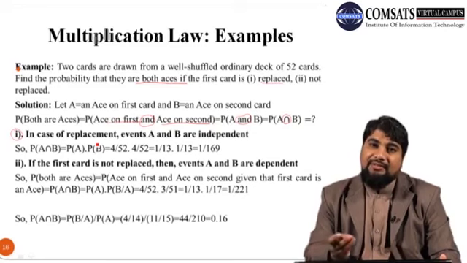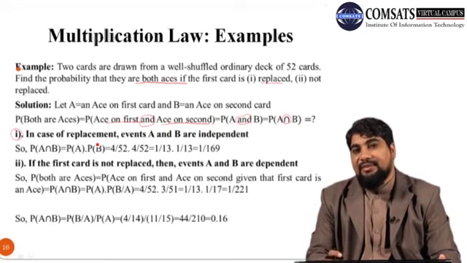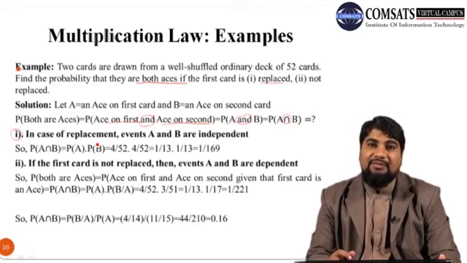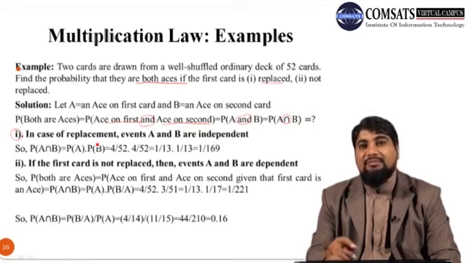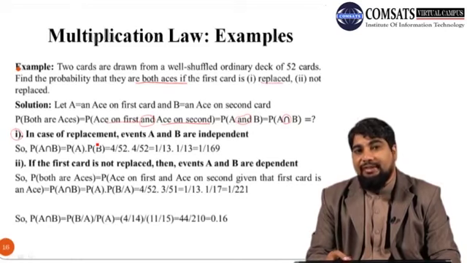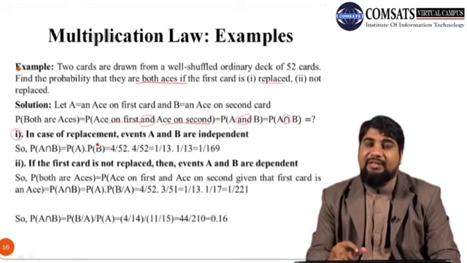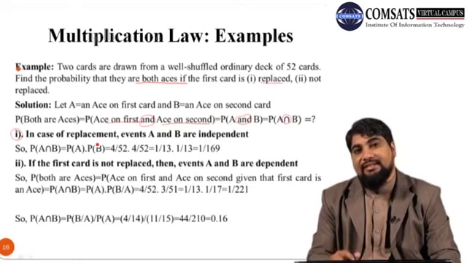But if we do not replace the first card, our sample space will be reduced to 51 instead of 52. So if the card is not replaced, it will affect the probability of the second card.